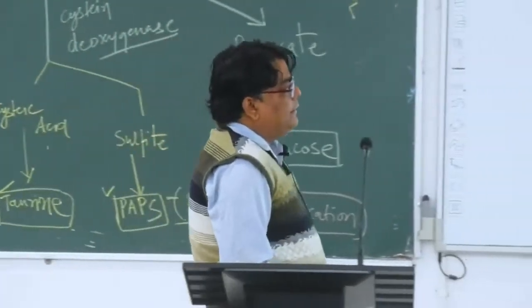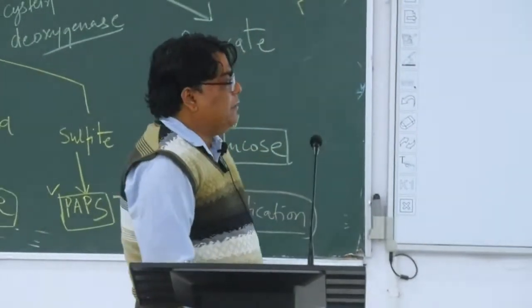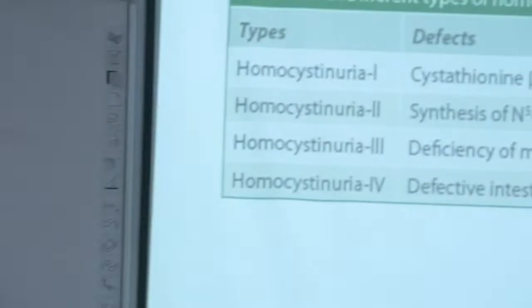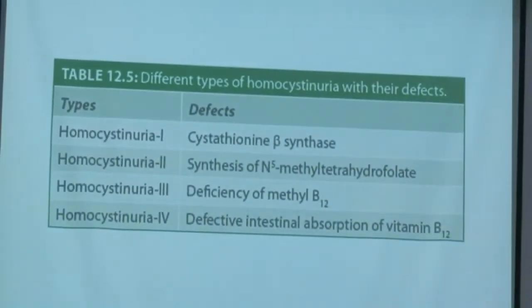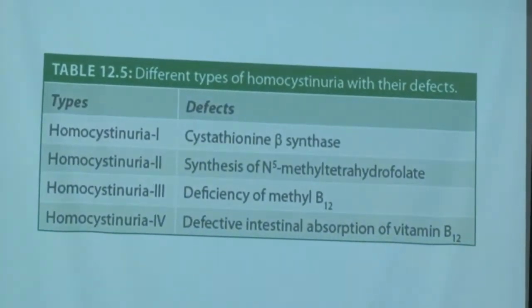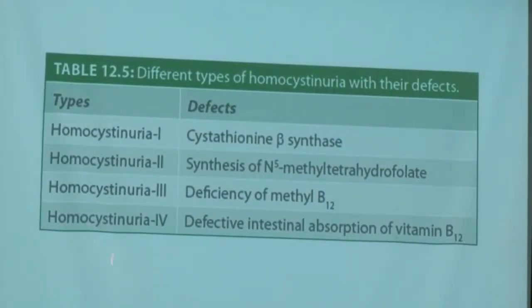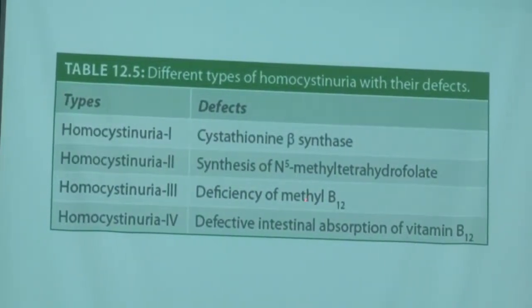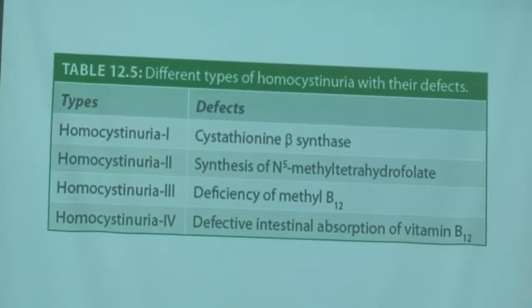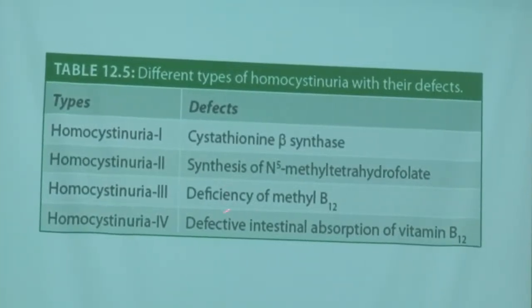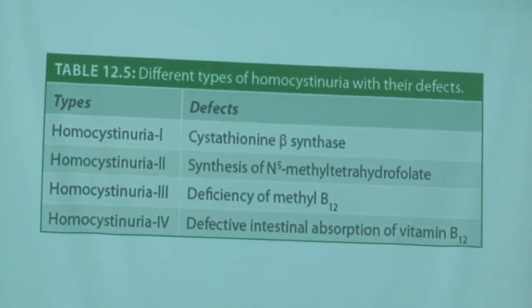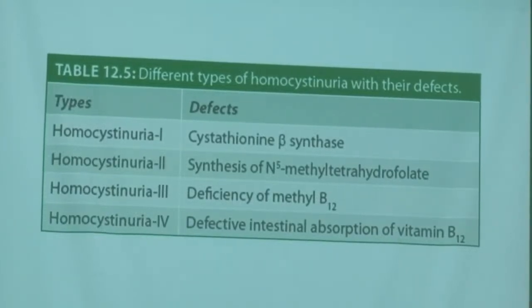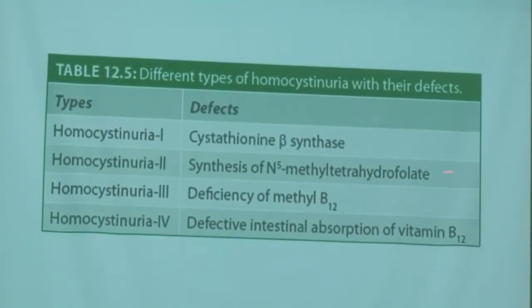These are the defects. Homocystinuria first is due to cystathionine beta synthase. Homocystinuria second is due to a defect in the synthesis of methyl tetrahydrofolate. Synthesis of N5-methyl tetrahydrofolate is affected, which means it is a condition of folate trap.